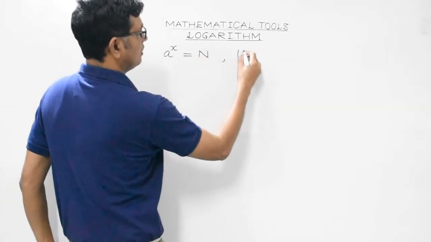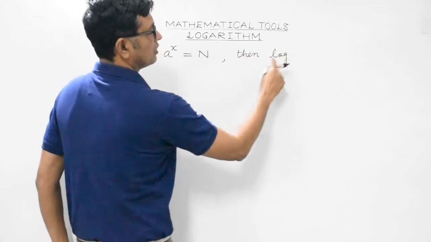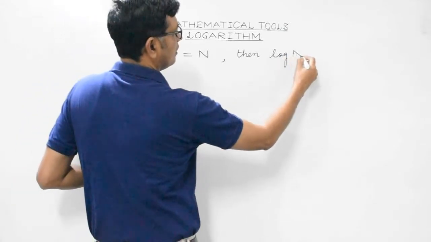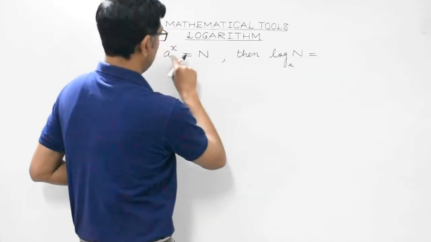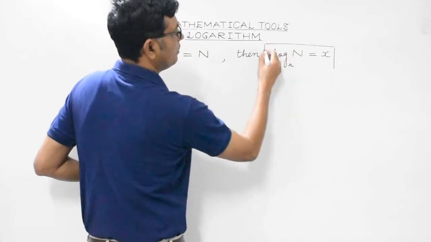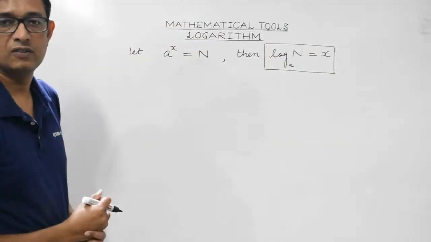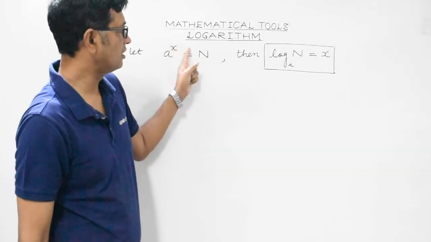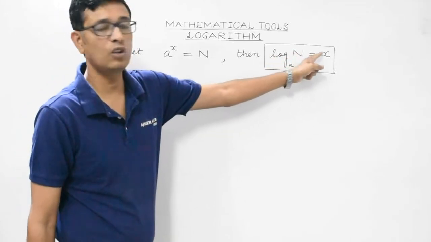Then log of n to the base a will give us x. Log is the short form of logarithm. This is the result which we will be making use of in finding various formulas. So again I repeat, if a to the power x is equal to n, then log of n to the base a is equal to x.